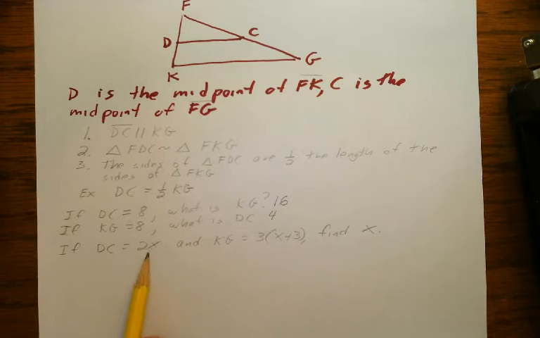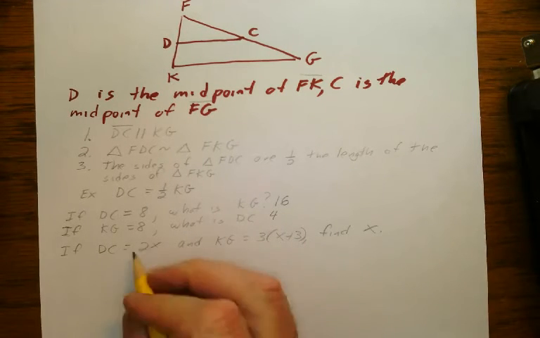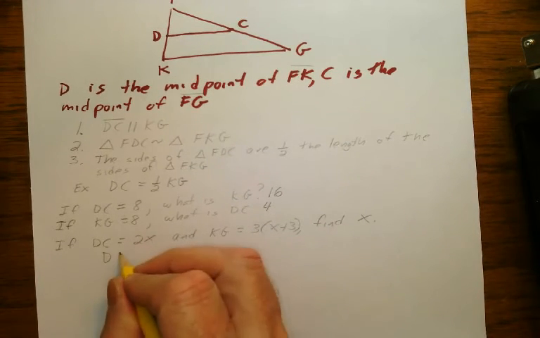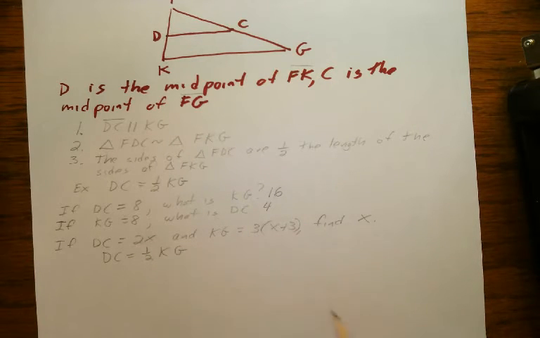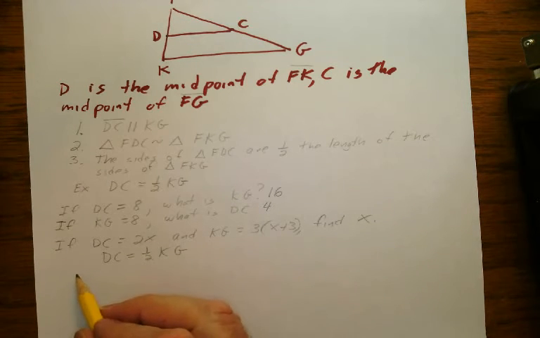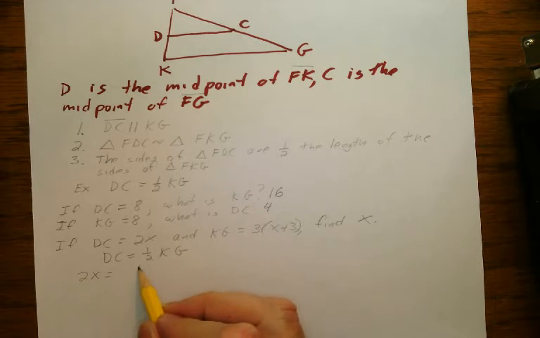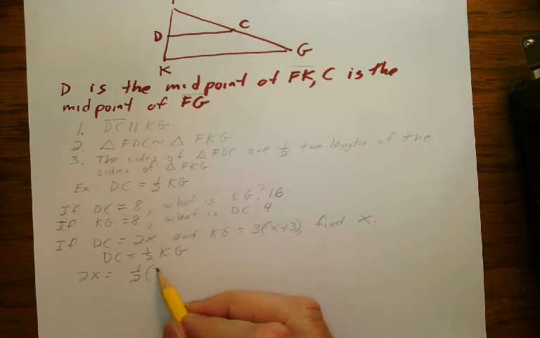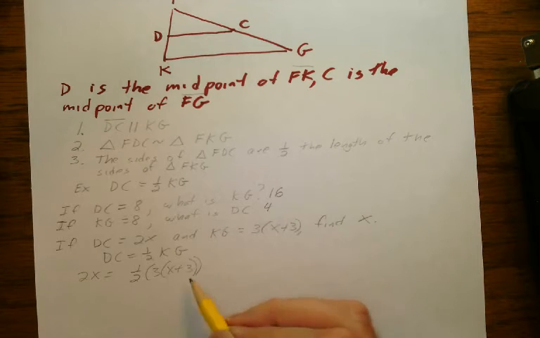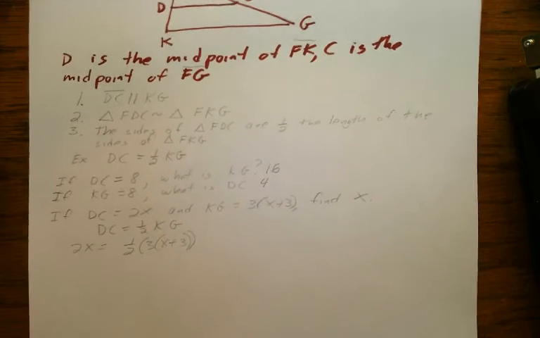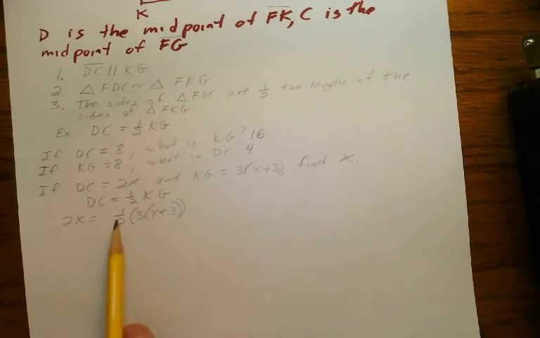We're given DC and we're given KG. Well, we know that DC is half of KG. So our equation could be DC, which is 2x, is half of 3 times x plus 3. That equation would work, but it would be difficult because you now have half of 3, which is a fraction.